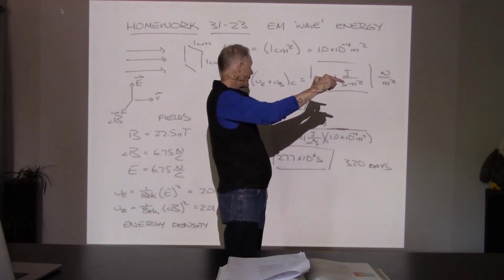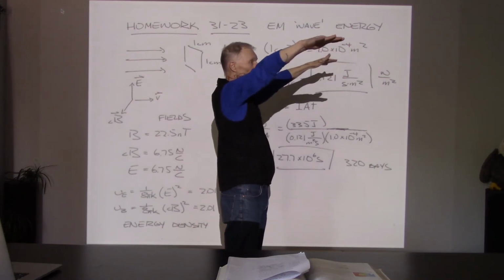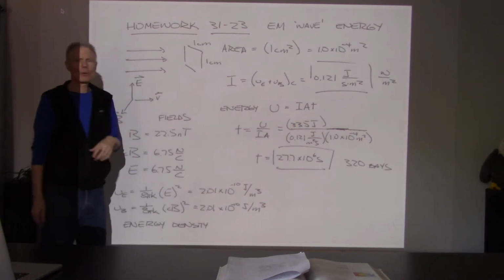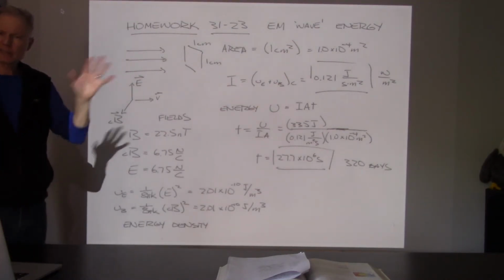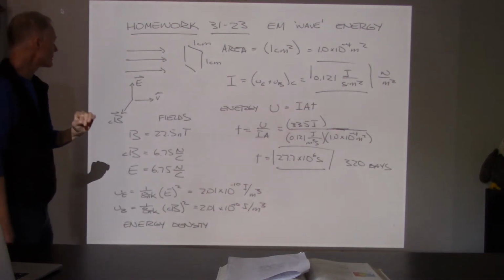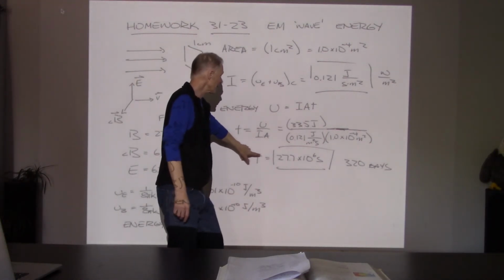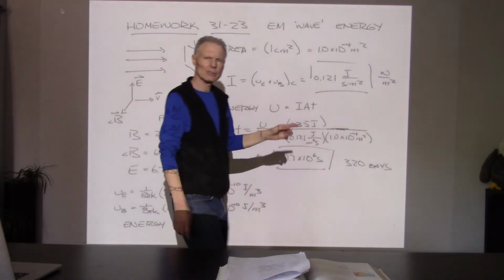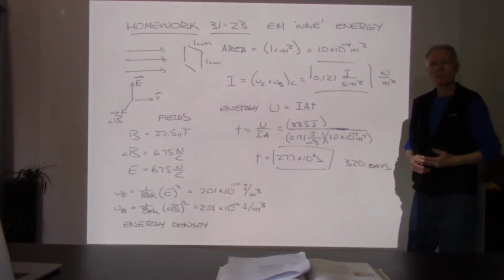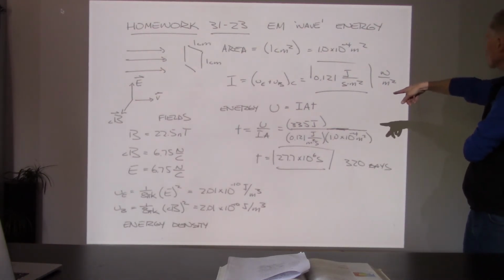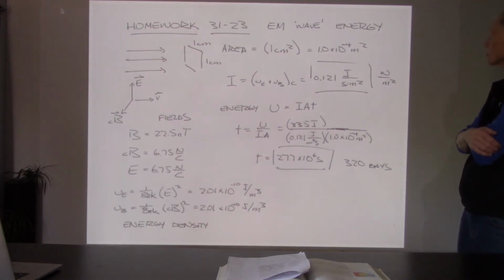I'm only getting 0.121 joules per square meter per second, and the size of our target is only a square centimeter. So that's going to be 1/10,000th in terms of the size. The square meters are really tiny. Well, I calculated 27 or 28 million seconds, which I thought I should convert into days. I should have boxed this one. 320 days. So it's going to take a while to accumulate 335 joules from this perfectly absorbing target.